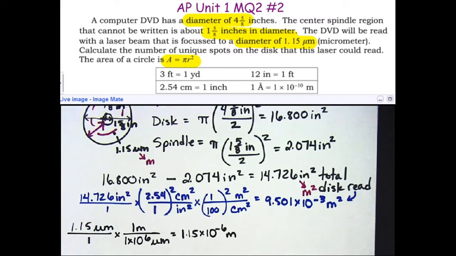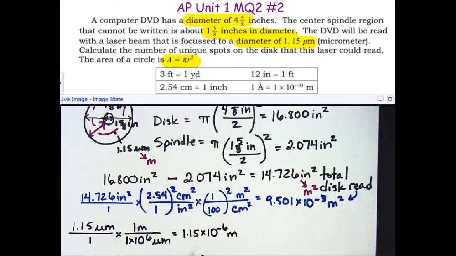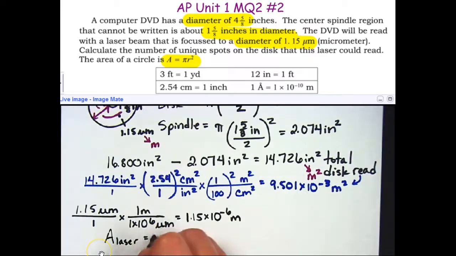So now I'm going to find the area of the laser, which is going to be equal to pi times 1.15 times 10 to the negative 6 meters divided by 2, because that's the diameter.